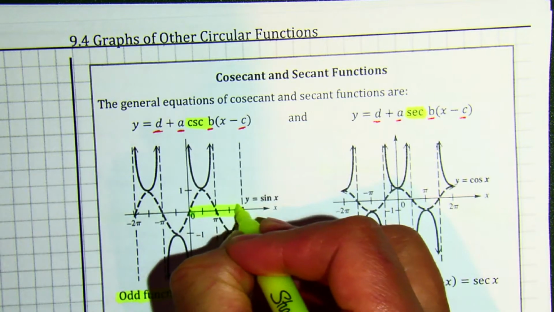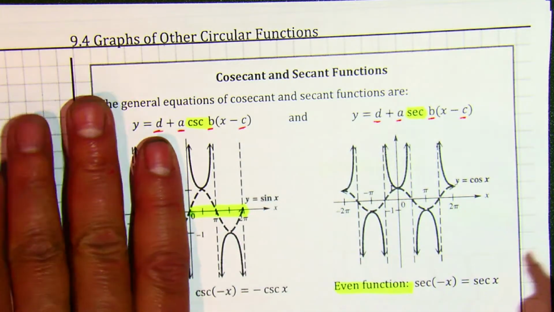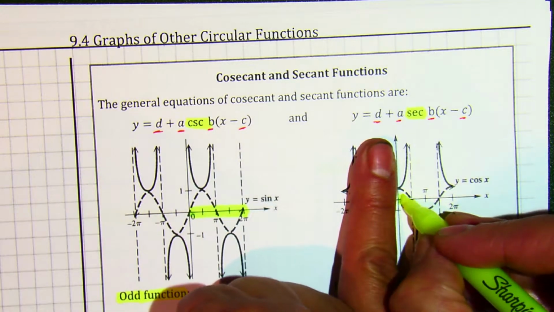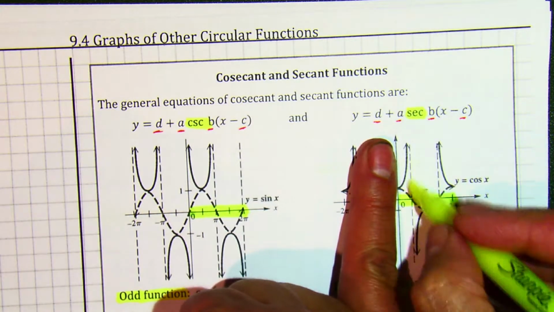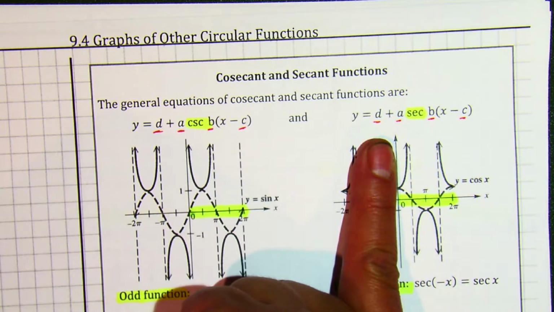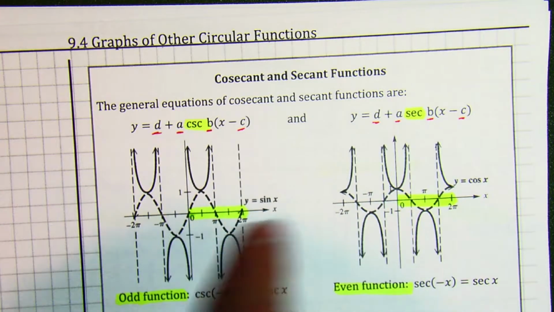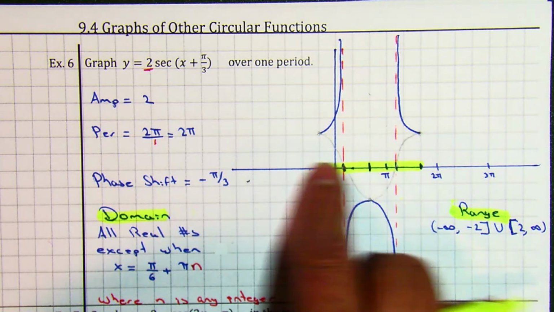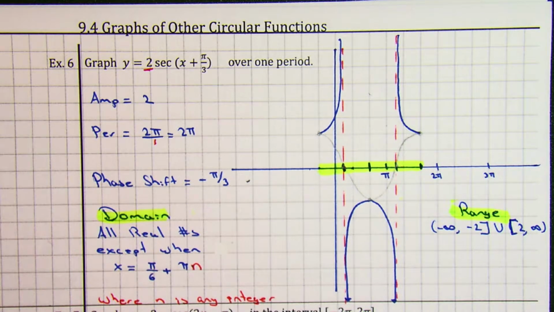This is one period of the graph. And notice that for secant, it goes from 0 to 2 pi, and that's what we graphed right now. That is one period. You can have your sine and cosine dashed, or you can lightly erase them so I can see them and make your secant just a little darker.